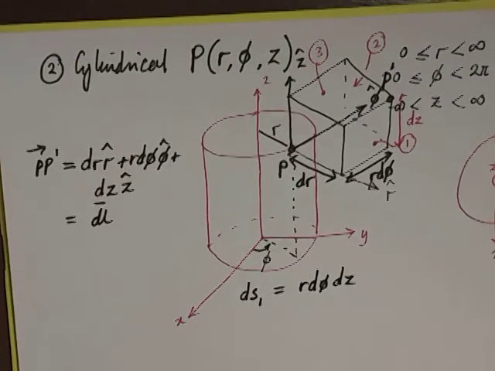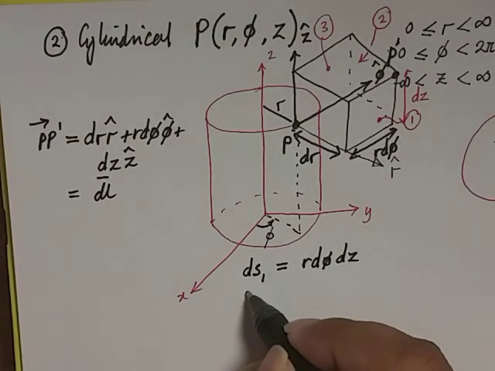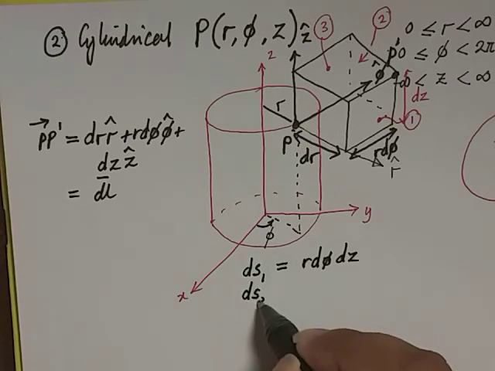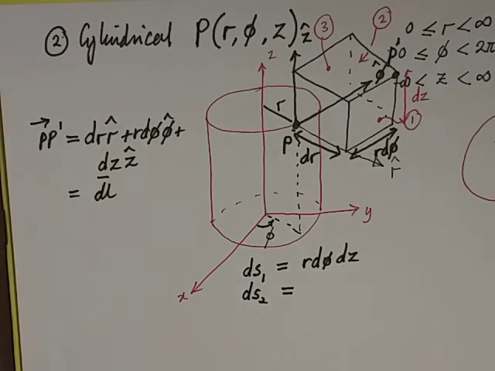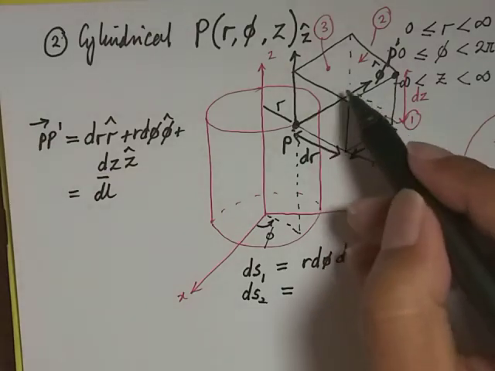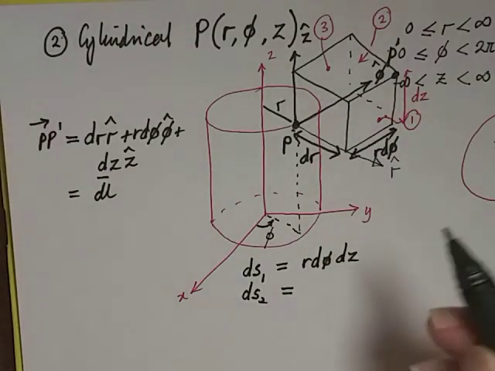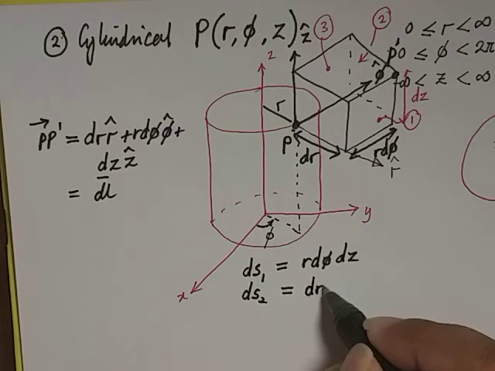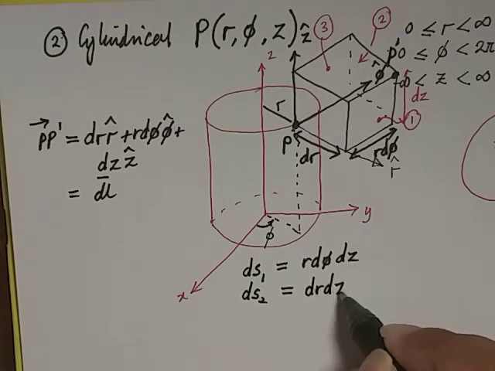Okay, let's continue. ds number 2. Does anyone want to give it a try? Area number 2 should be this side, dr, multiplied by this length, dz. So it should be dr dz.